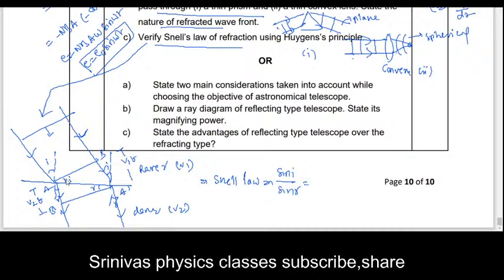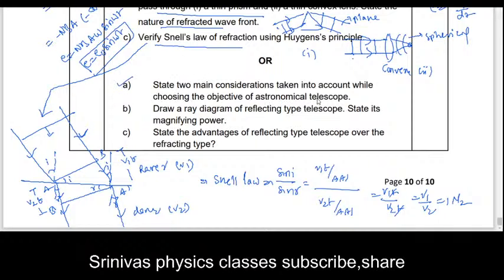Sin i equals opposite side V1t by hypotenuse A dash. Sin r, in this triangle, is opposite side V2t by hypotenuse A dash. Then we get V1t by V2t. t cancels, V1 by V2. This is nothing but the refractive index, 1n2. Snell's law proved. Completed? Okay.